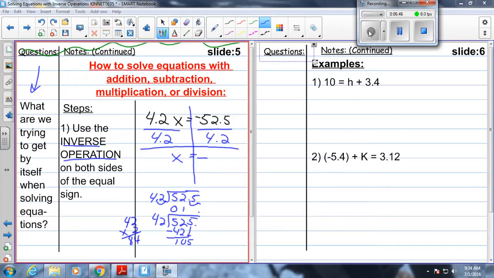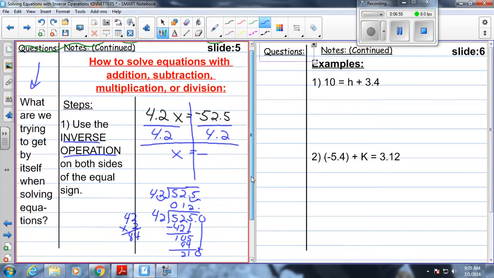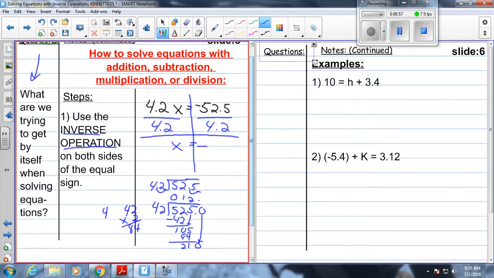I think that's going to be it. I think that's 42 times 5. It is. Even if that's a wrong guess, remember, it helps us figure out if we have to go higher or lower on the next guess. So that terminated. The answer for this problem is negative 12.5.